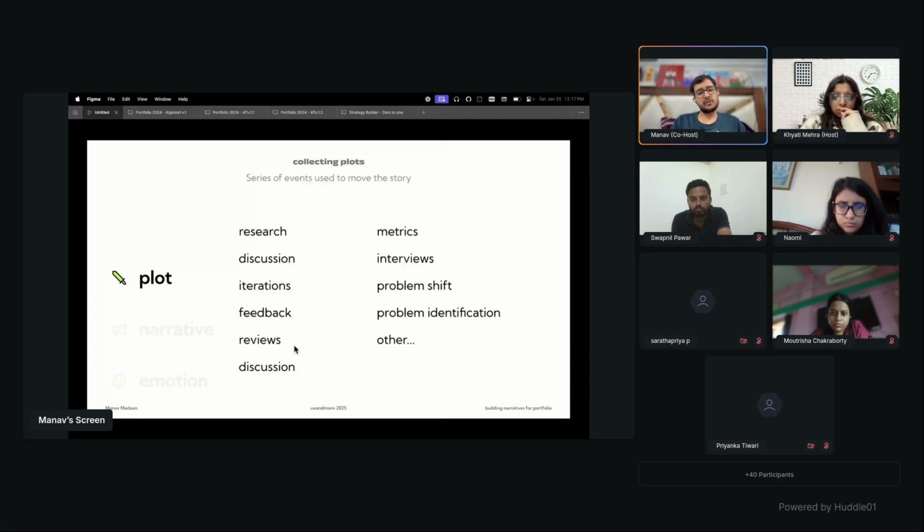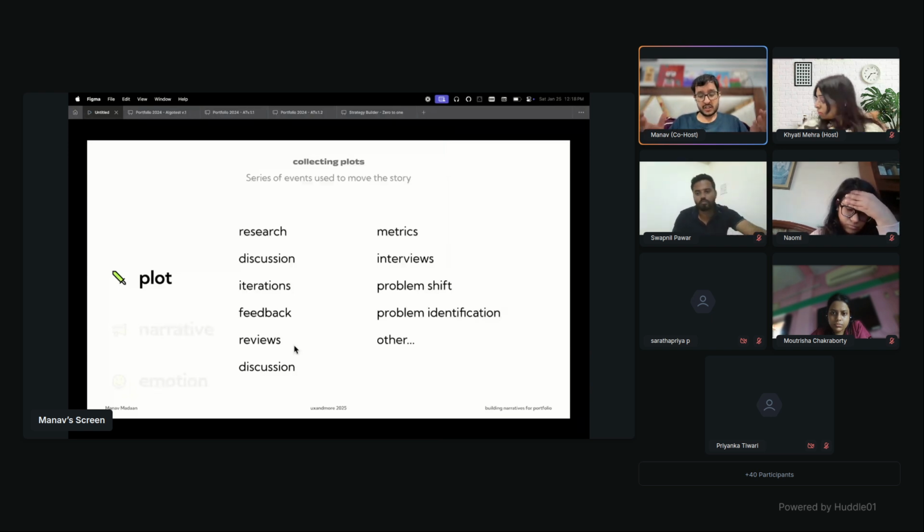If you don't have a research, it's okay, right? In fact, the fewer steps you have, the fewer plots you have, the better it is, because then you have a big canvas to take the story in any direction, right?